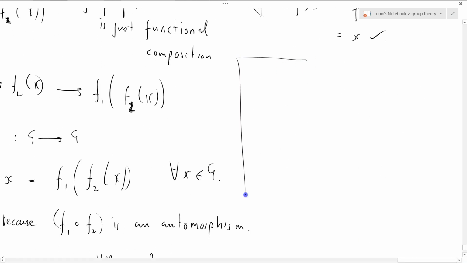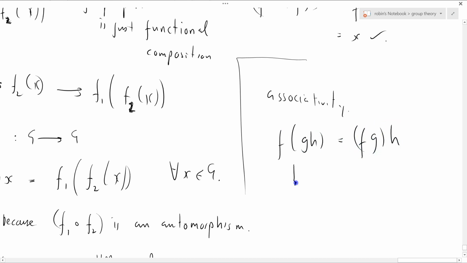There's one last rule, which is associativity. So what we've basically got to show is that f(gh) equals (fg)h. Well, what do these maps do?